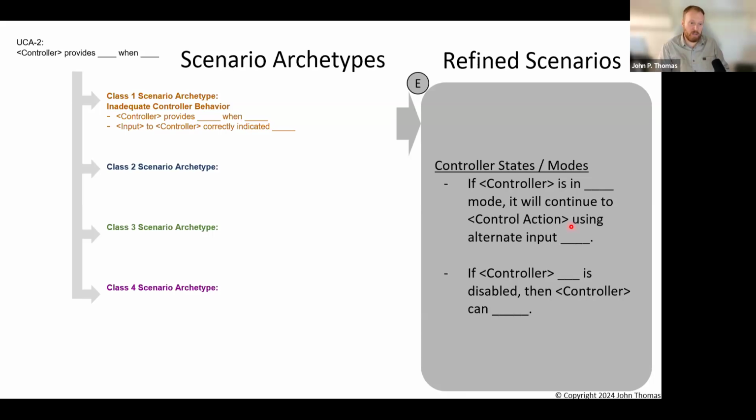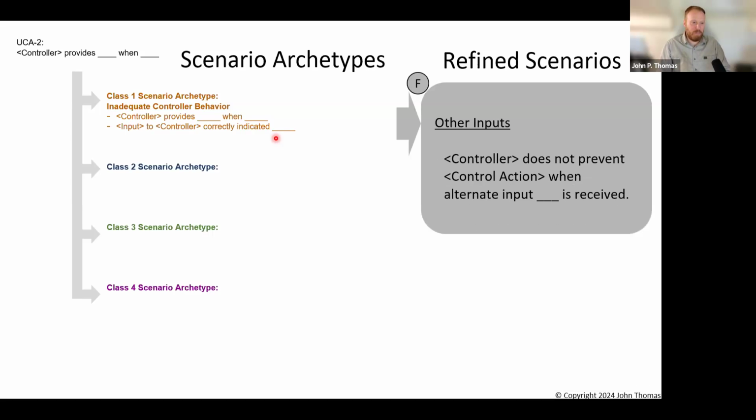Even if the feedback changes, it may be stuck in some mode that sort of ignores the feedback. Maybe the controller is disabled effectively and is no longer listening to feedback. So the fact that the feedback was correct doesn't matter anymore, right? Because it was in this special mode that's effectively ignoring the input.